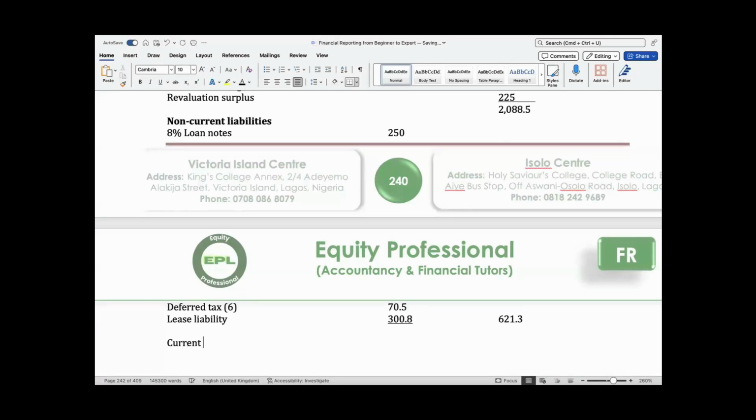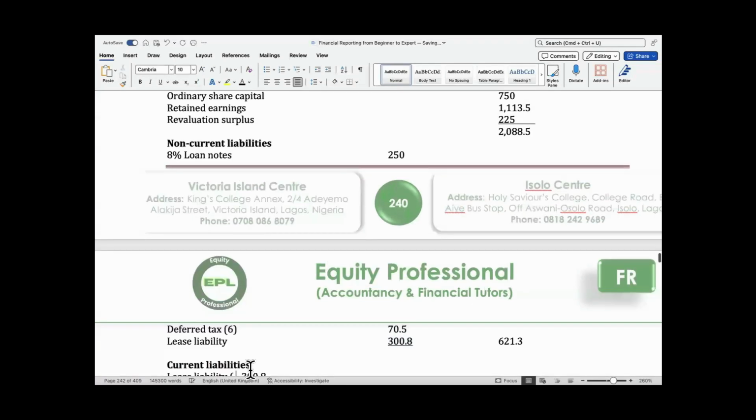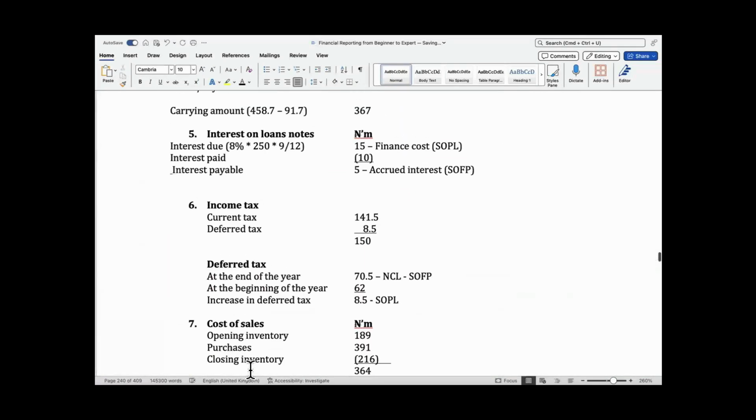Then my current liabilities, so I won't forget. Let me quickly deal with the lease liability I just explained. I am deducting this one from, what's the figure again?